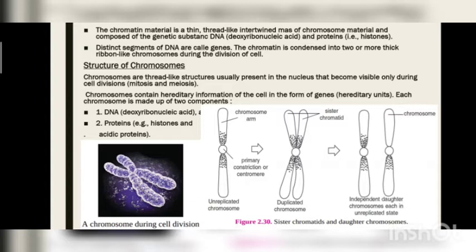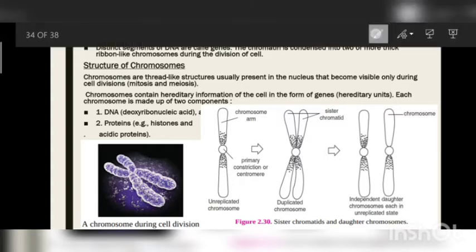Okay, and if all the different DNA condense, meaning they accumulate at one place, they form genes. Another definition of gene: what do you mean by gene? Gene is a fragment of DNA which is responsible for any character.